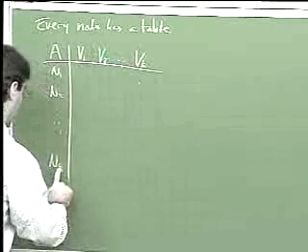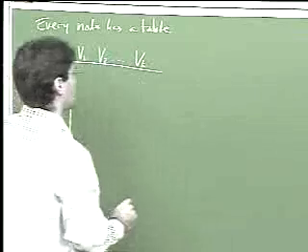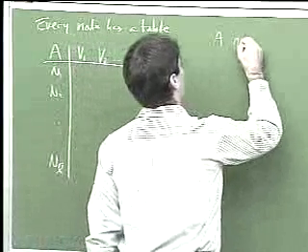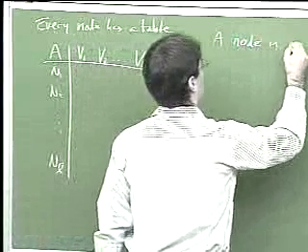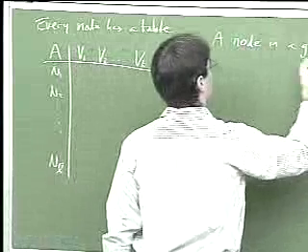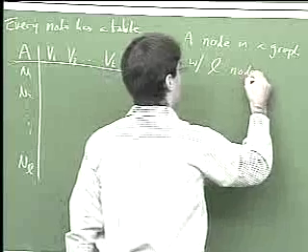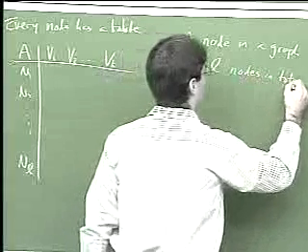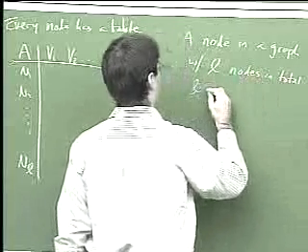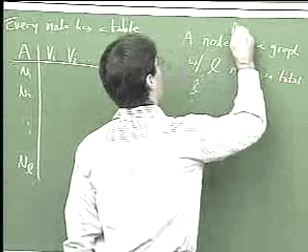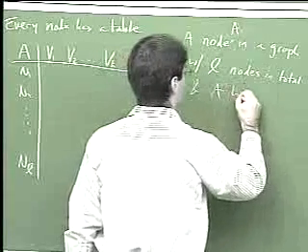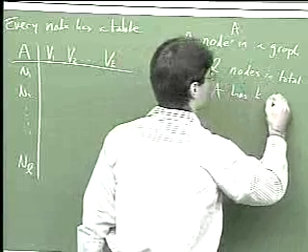Okay, so let me use n sub l. This is for a node in a graph with L nodes total, and let's say a node A, and A has k neighbors.